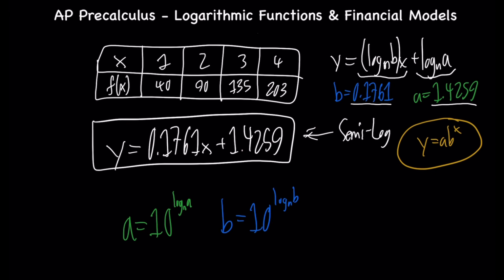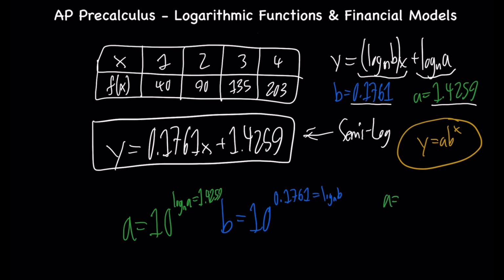So in other words, it's going to be 10 to the power of 0.1761, because that's what log base n of B equals. And for this one, you're going to do 10 to the power of 1.4259.